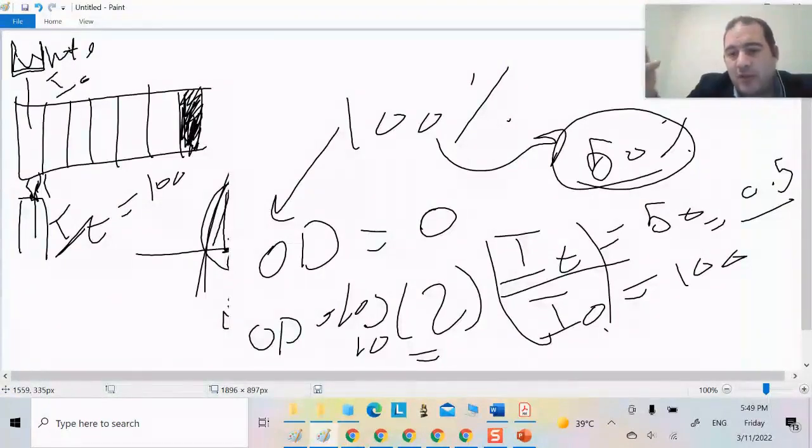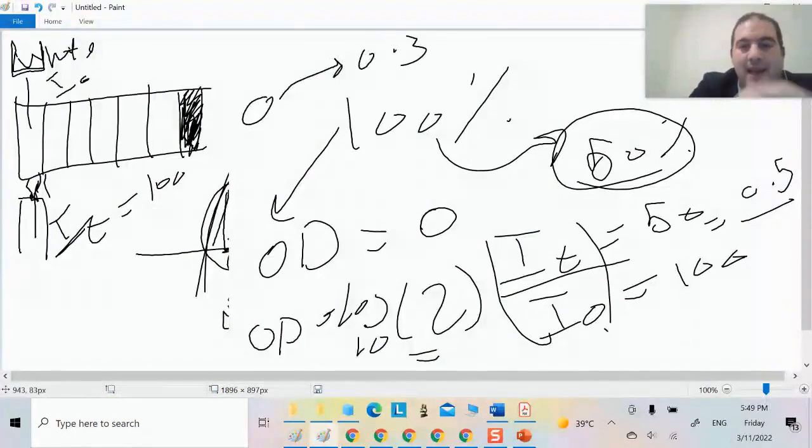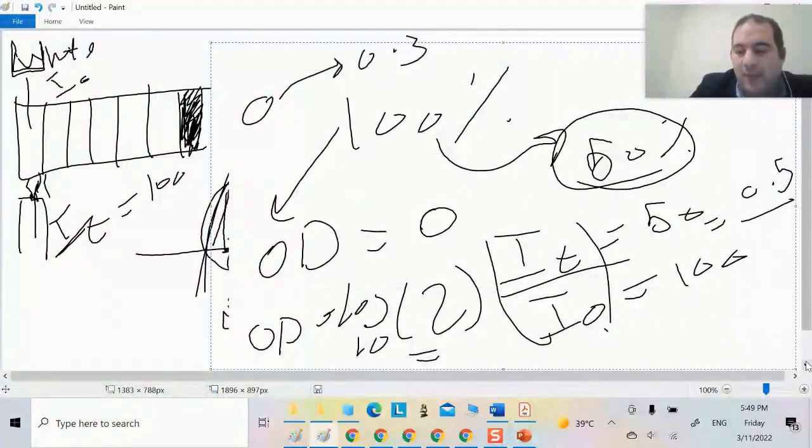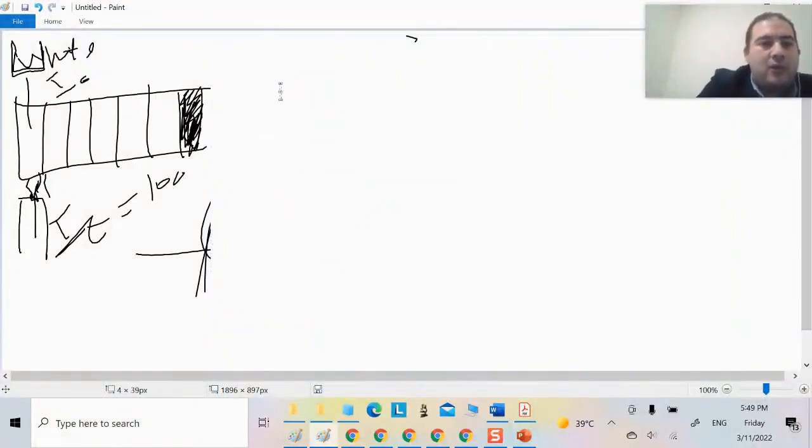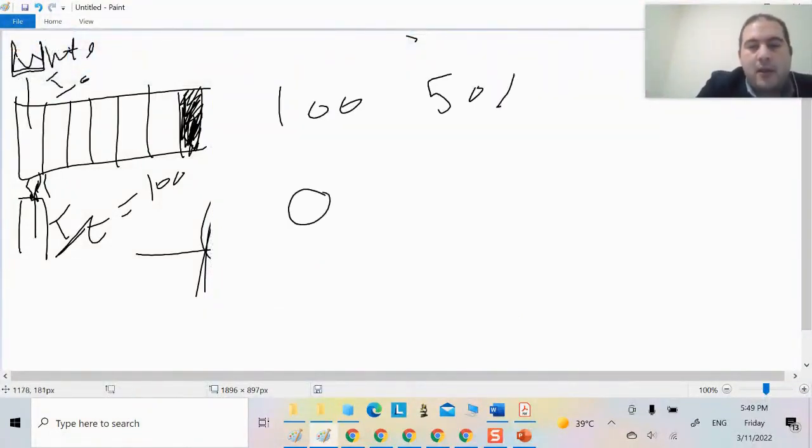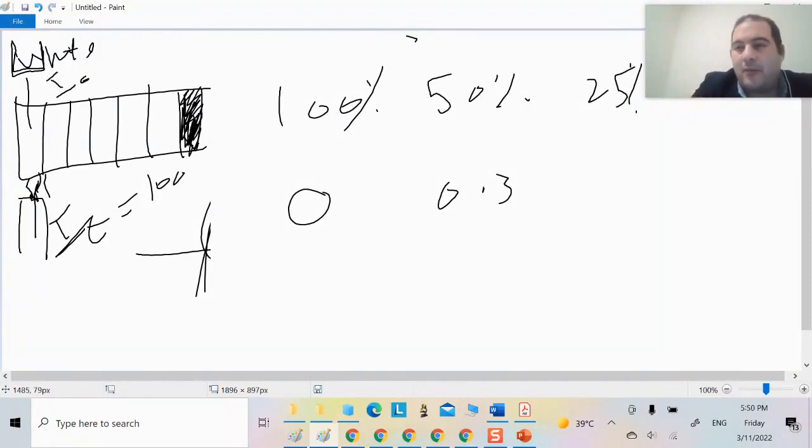Let's say I want to reduce my transmittance to half of what it was. I had 100, the optical density was 0, and with 50% transmittance, it became 0.3. Let's say I make it 25%. So the transmittance is 0.25.